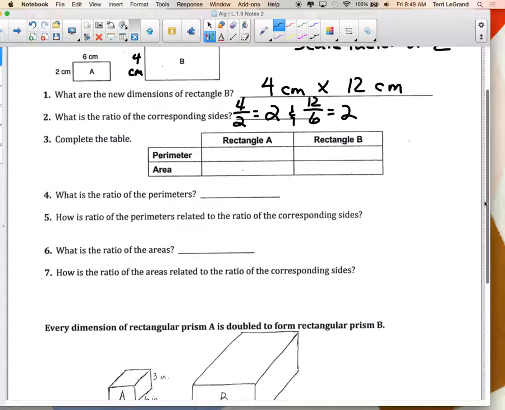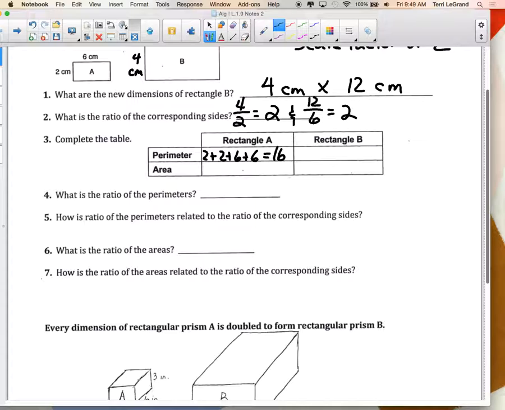Okay, so for rectangle A, what are we going to add together? 2 plus 2 plus 6 plus 6, okay, it's 4-sided, right? What does that equal? 16. And what would the label be on that?